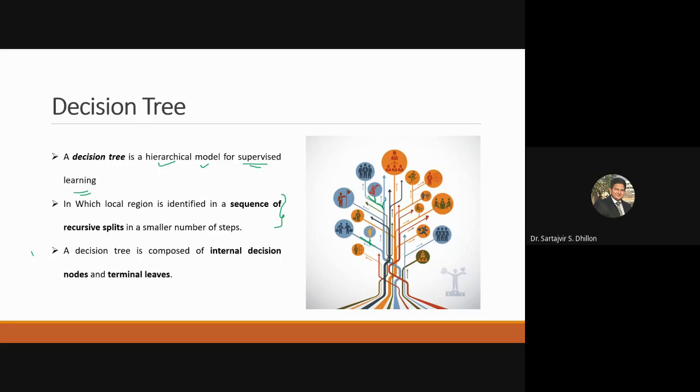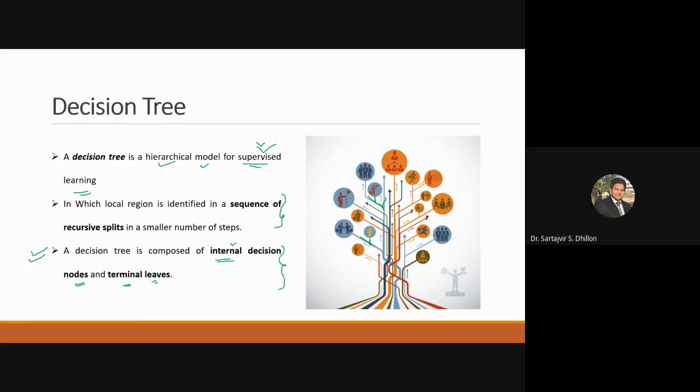In a decision tree there is an important line: decision trees are composed of internal decision nodes and terminal leaves. You have to remember that, first of all, it's a supervised classifier, and second, there are two terms associated with the decision tree.